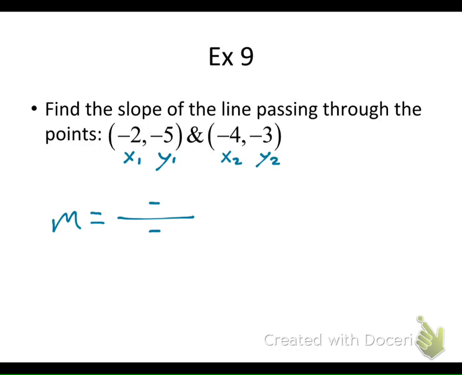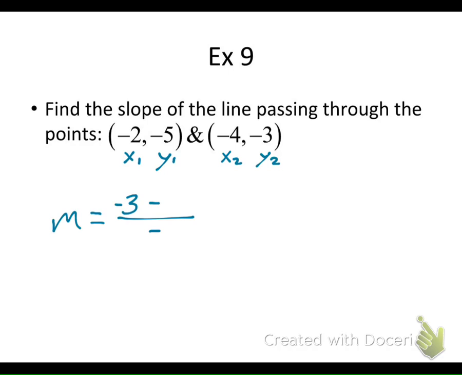Okay, Sean, can you tell me what number goes in first? -3. Nice, Tamara. Because we're doing y2 minus y1, so we plug that -3 in for y2. What's next? -5. That's right.